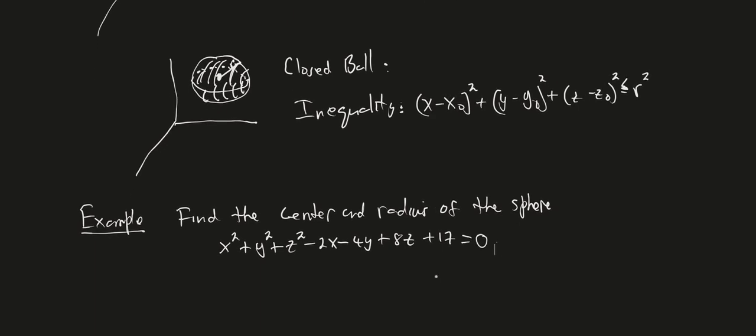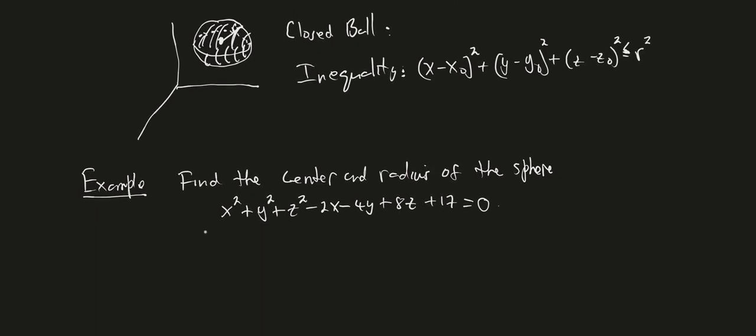All right? So we're being told that this equation represents a sphere, but it's not in the standard form. So we can't just look and tell what the center is and what the radius is. What we have to do is convert this to the standard form.